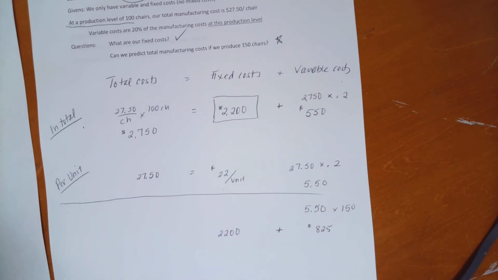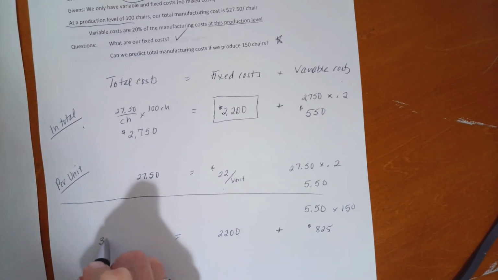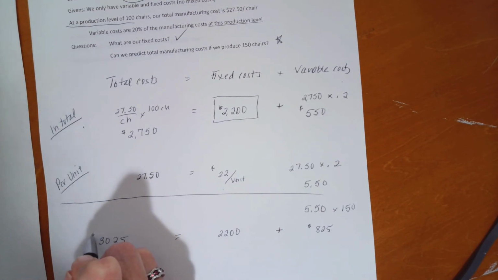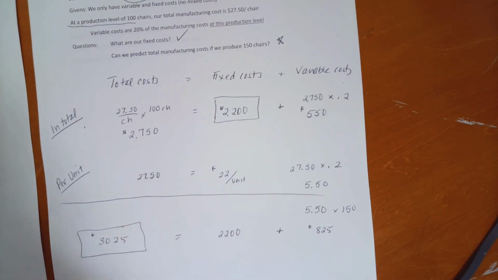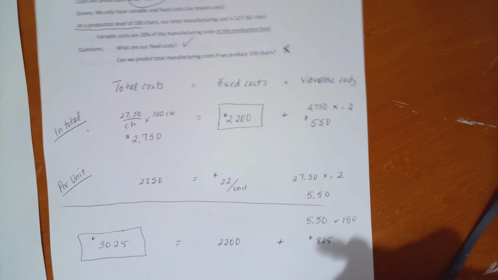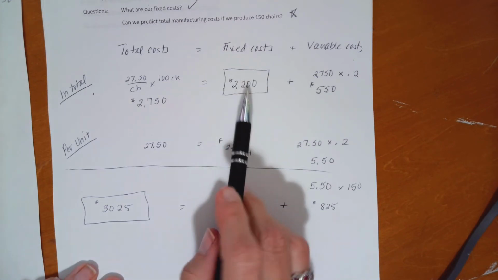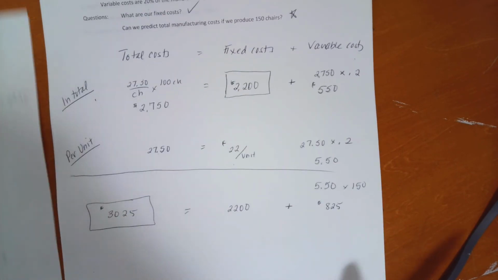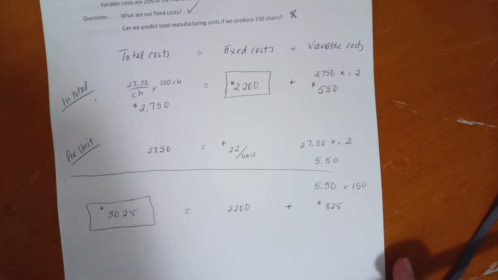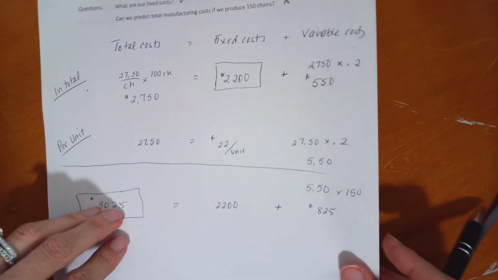Okay. So then if we add those together, we get 3025. Okay, so hopefully that makes sense, right? So remember, fixed costs stay the same in total regardless of the activity level.